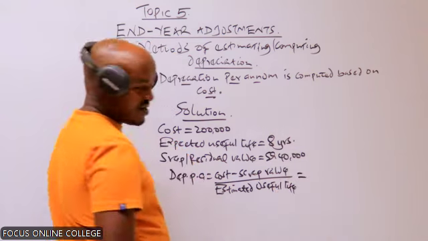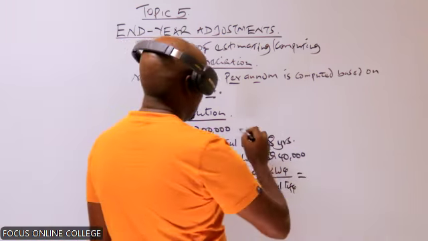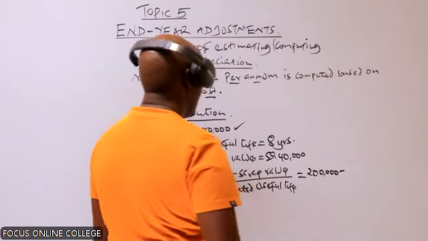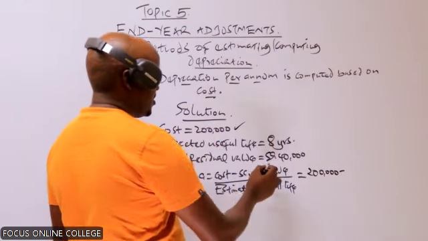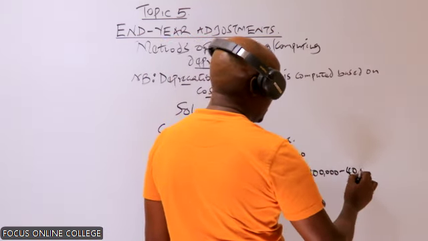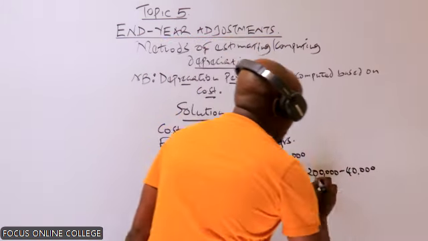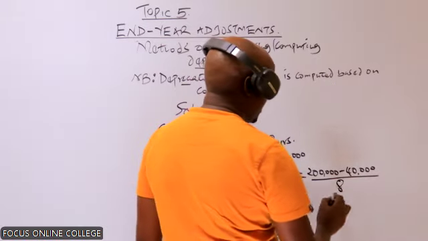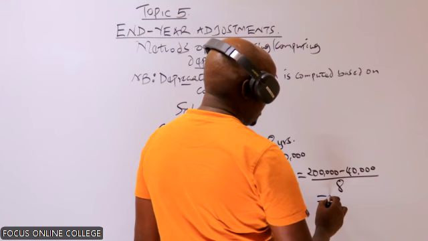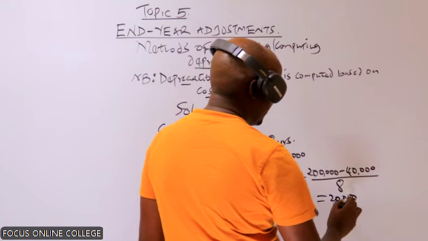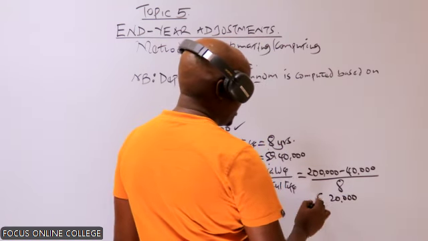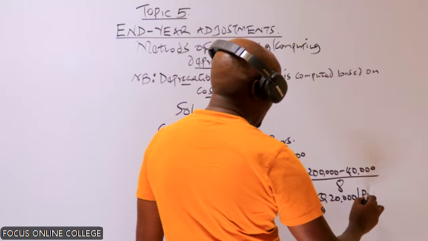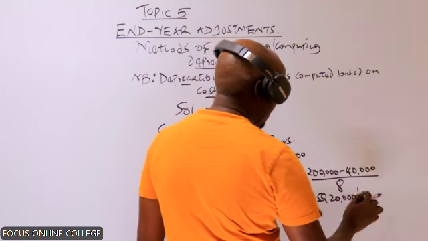In this case, the cost is 200,000, the scrap value is 40,000, and we divide that by the estimated useful life, 8 years. This gives us 160 divided by 8, which is shillings 20,000 per annum.